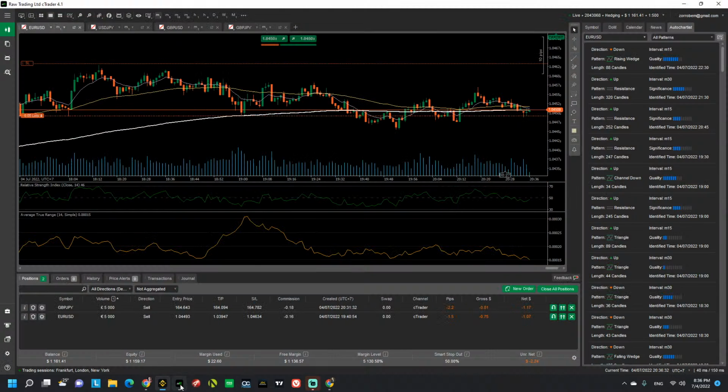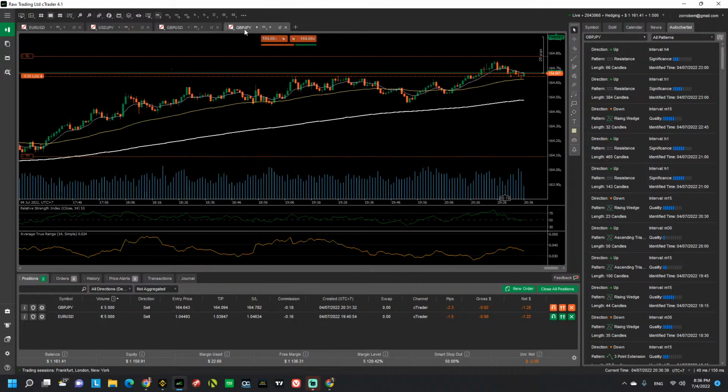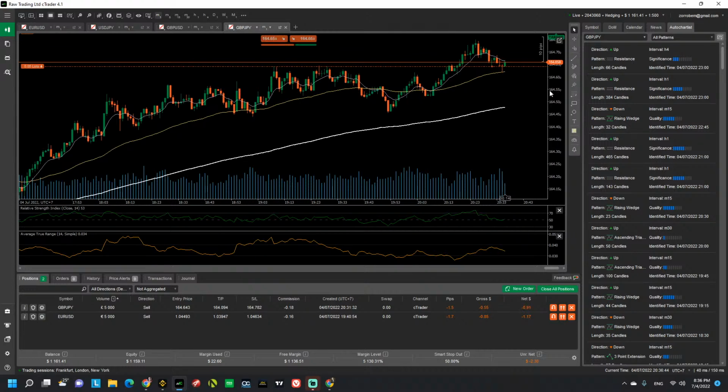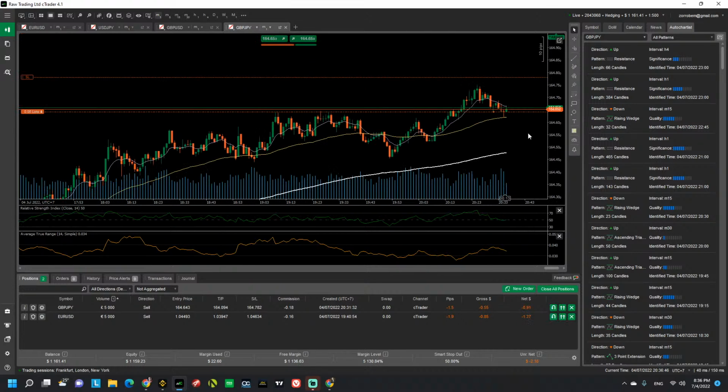Let's see what's happening in the forex. So went back up. Yeah, this one doesn't look like a good trade. It might stop us out again because the volume went down again.